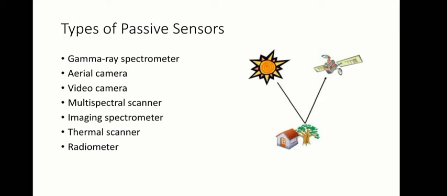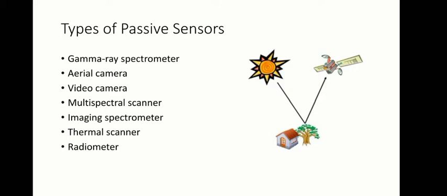The advantage of a passive sensor is that it is simple and does not require high power, while the disadvantage is that during bad weather conditions, passive sensors do not work. The Thematic Mapper sensor system on the Landsat satellite is a passive sensor, or you can say any satellite works on a passive system.